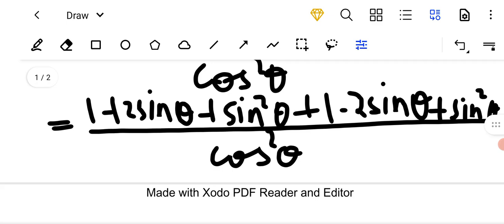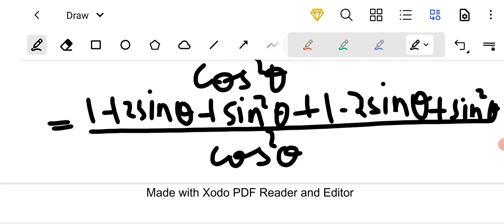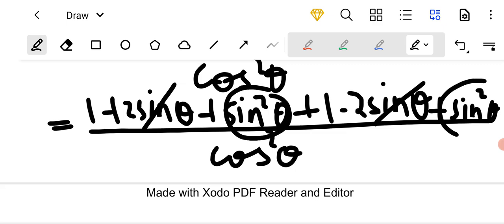But there are some things we can cancel out here. We have the 2 sine theta, and the other 2 sine theta can cancel out. And then we have sine theta squared there, and sine theta squared there, when you add them, they are going to give you 2 sine theta squared. And then you have 1 plus 1, it's going to give you a 2.